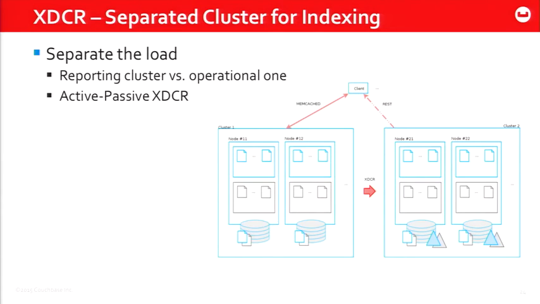So you have your operational cluster, with hundreds of thousands of operations per second, and its operational workload, and the workload of indexing and querying is completely isolated by just having an XDCR link, a cross data center replication link, between your operational cluster and your indexing and querying cluster.